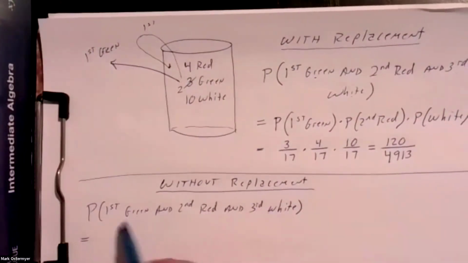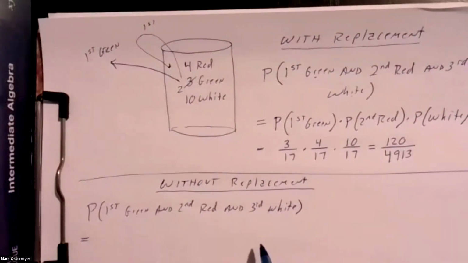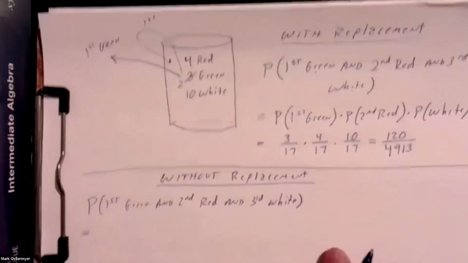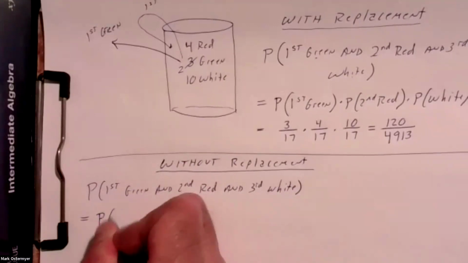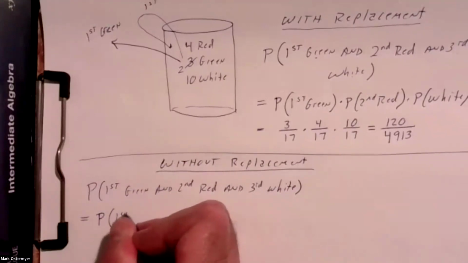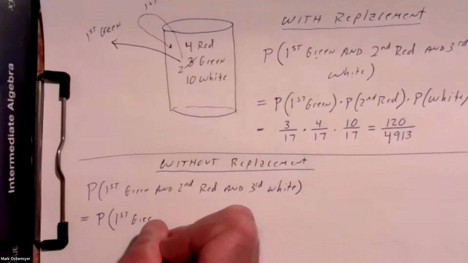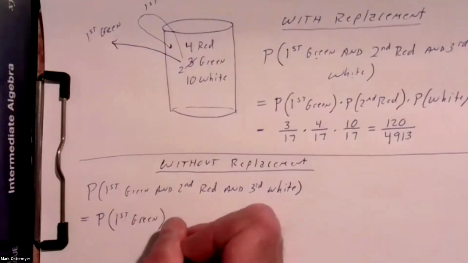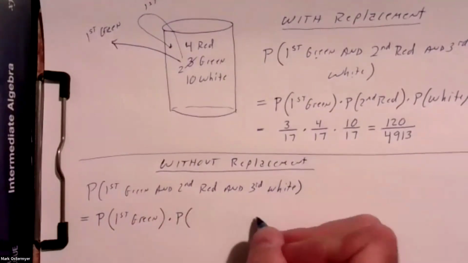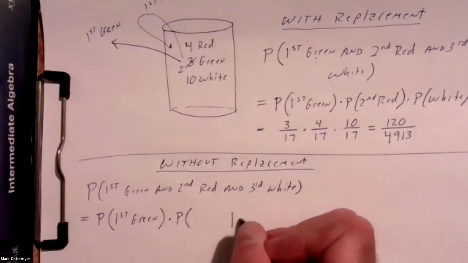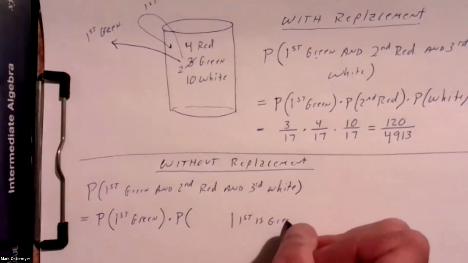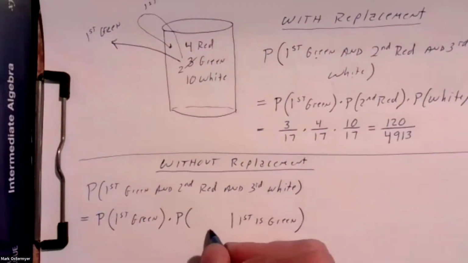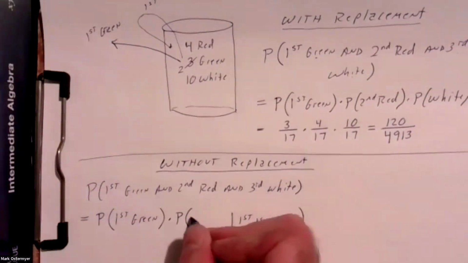So to compute this probability where these events are no longer independent, they are dependent, would be to, first of all, compute the probability that the first selection is green times this conditional probability. Given that the first ball selected is green, what is the probability then that the second ball selected is red?